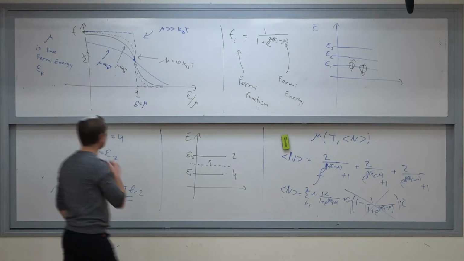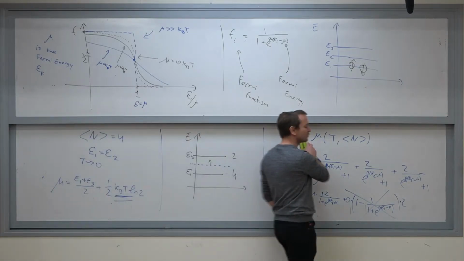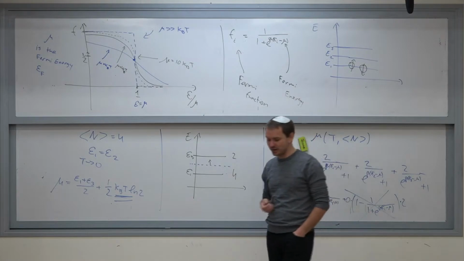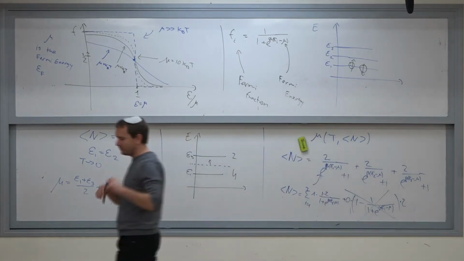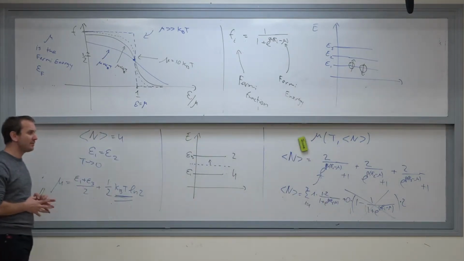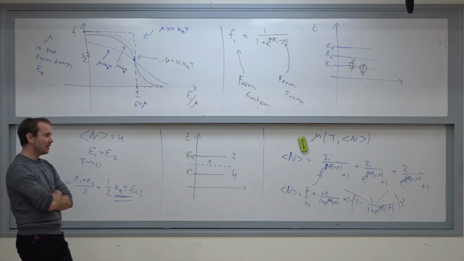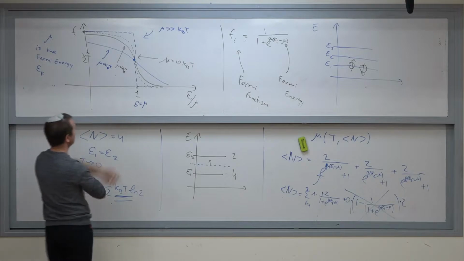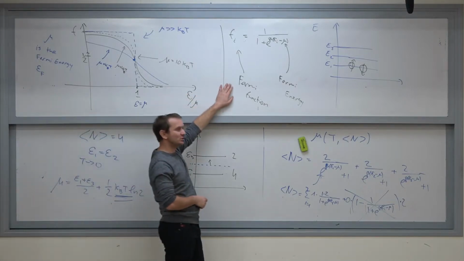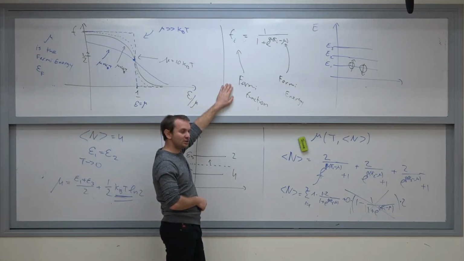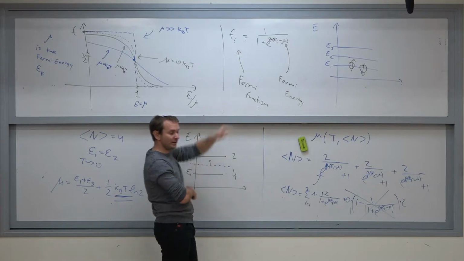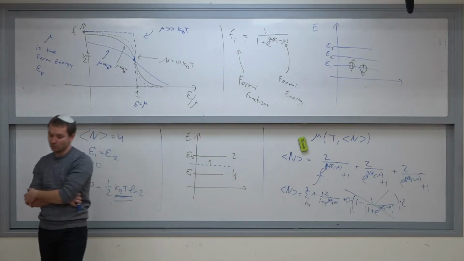Okay, so what we understood from this example, or what I tried to make you feel a little bit, is that everything in a fermionic system, at least at this very simple fermionic system, can be described by F, the Fermi function. It actually gives us the distribution of whether the state is occupied or unoccupied.